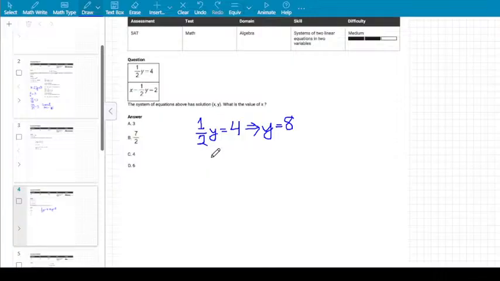So because we have to find the value of x, we have x minus half of y is equal to 2. So y is 8, so half of y is 4, so x minus 4 is equal to 2. So that gives x equal to 4 plus 2, which is 6.